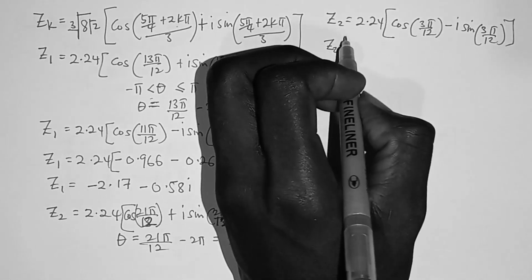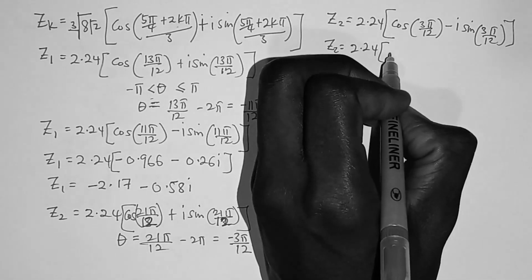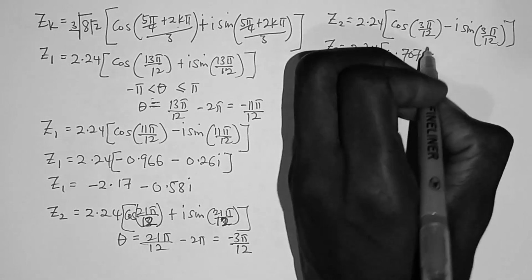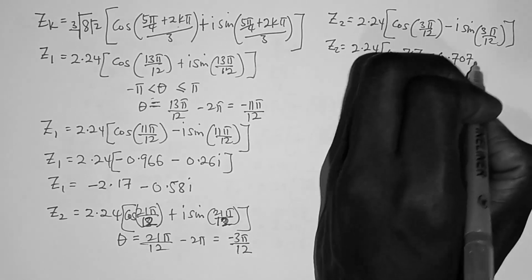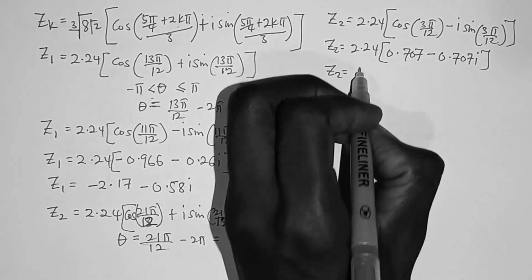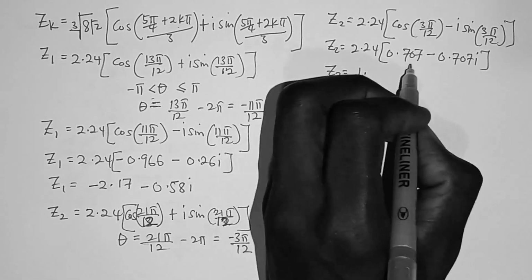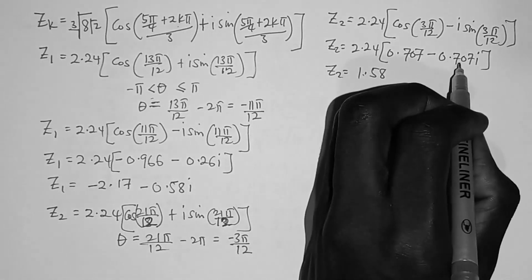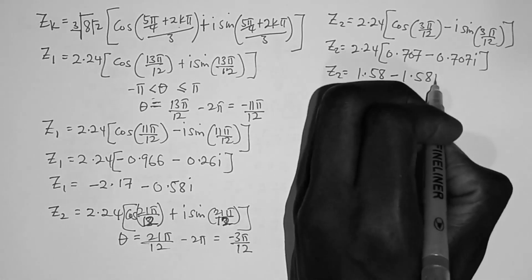So Z2 is equal to 2.24 into bracket cos 3 pi over 12, which is 0.707, then minus sine 3 pi over 12, which is 0.707i. So Z2 is equal to 2.24 times 0.707, which is 1.58. Then 2.24 times minus 0.707i is minus 1.58i.